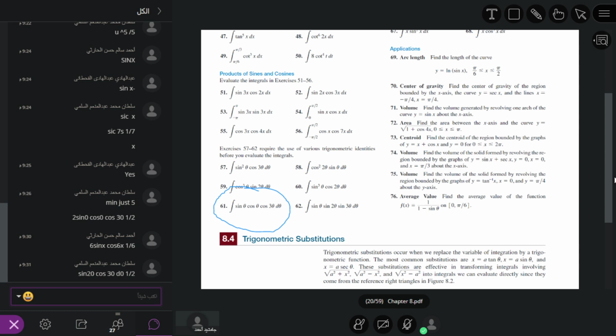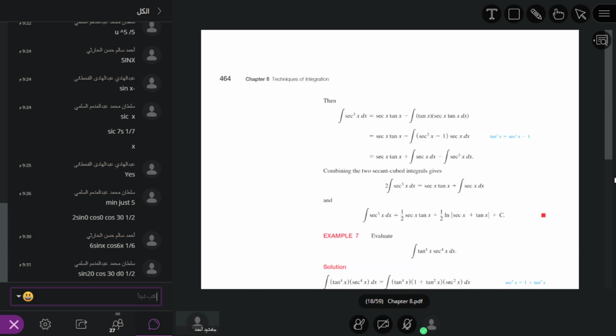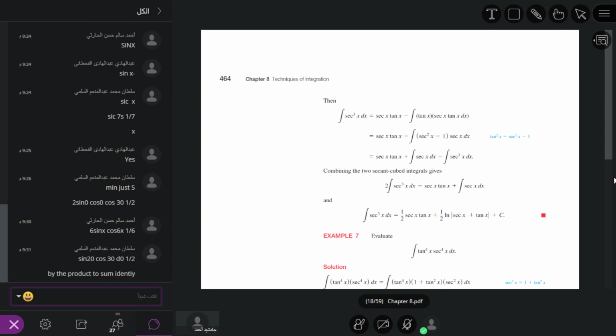It is equal to half sine (m minus n). It means this will become half outside. This will become half already present. So half over half, it will become 1 over 4. So 1 over 4 outside.